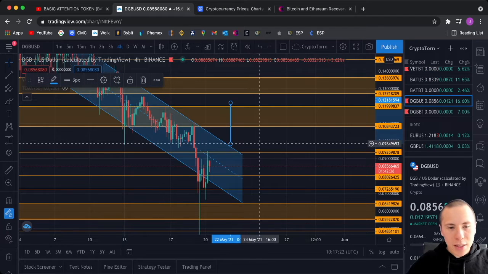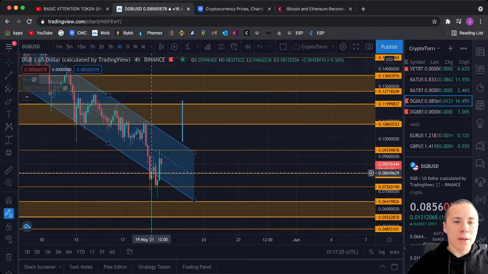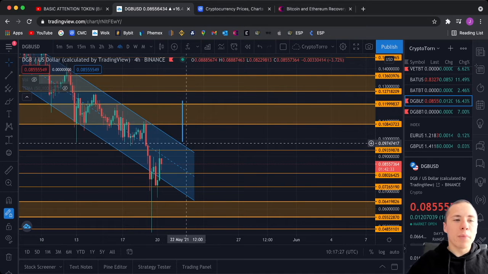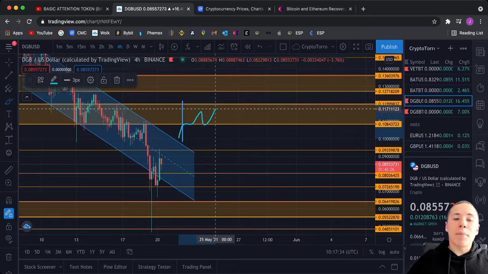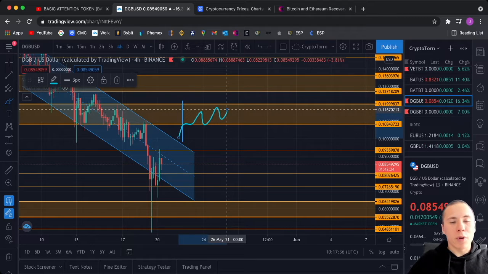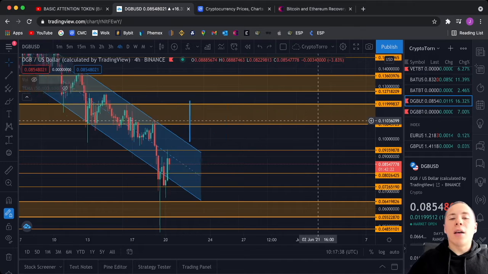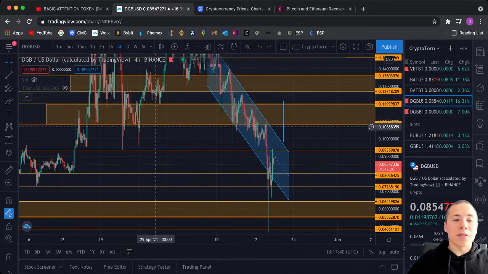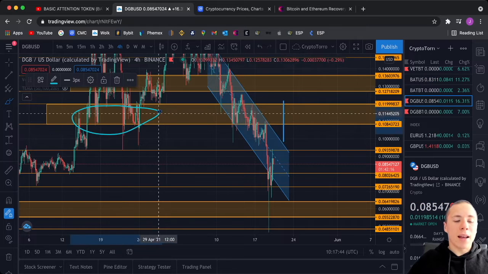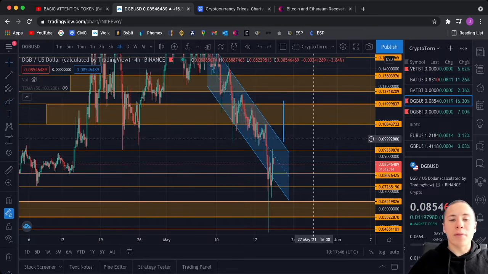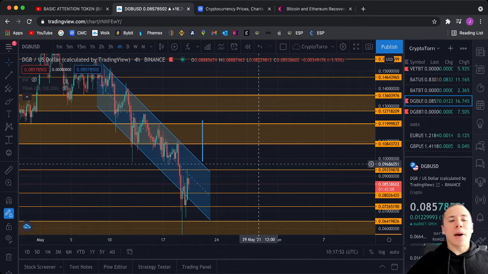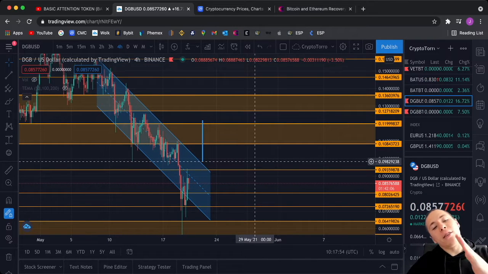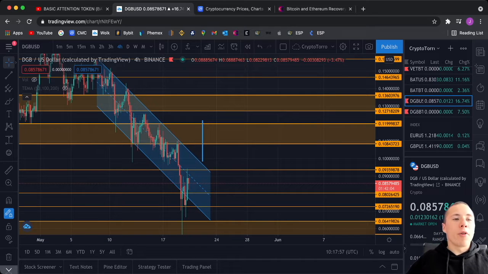And what you're seeing is that the possible breakout towards the upside would be a breakout that will be giving Digibyte enough strength to stay in between this orange box, where we found previous support and resistance many times before, as you can see all the way over here. And I personally think that would be a great point to start the trend reversal on Digibyte and to head towards a new high for the current moment.